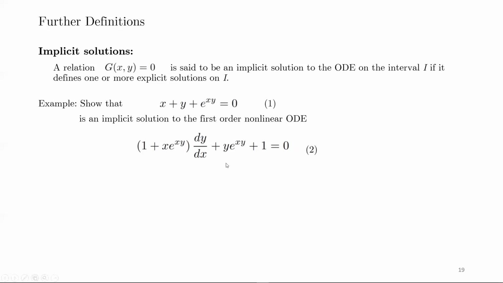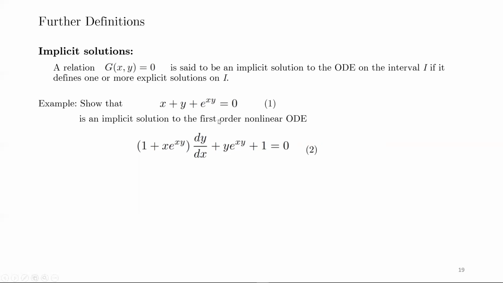Well, we learned this last time. dy by dx is okay, there's nothing wrong with that, but we're multiplying dy by dx, the first derivative, by e to the xy. And so this term here, and in fact this term too, e to the xy over here, makes this a nonlinear ODE. Remember, y here is going to be the dependent variable, x is the independent variable.